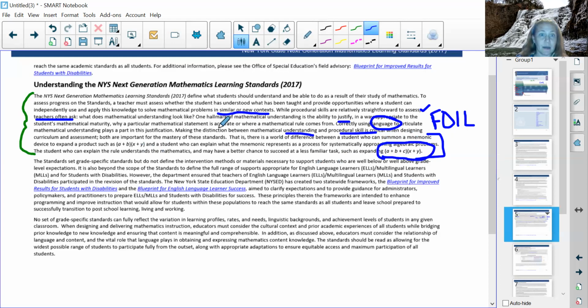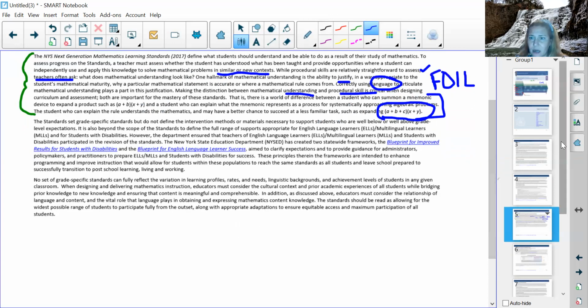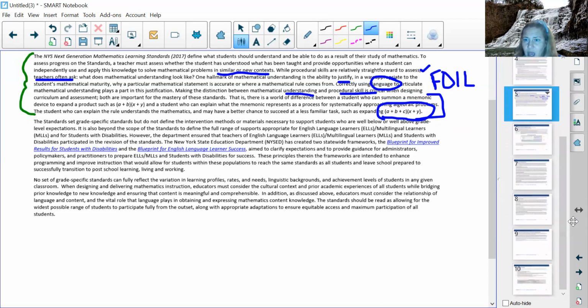And that's what we're talking about up in here, applying your knowledge to a new or similar context or problem. So that's how we know they have conceptual understanding, if they can apply what they know to something similar yet different. So I thought this paragraph was great. And then a couple other places I highlighted in here.